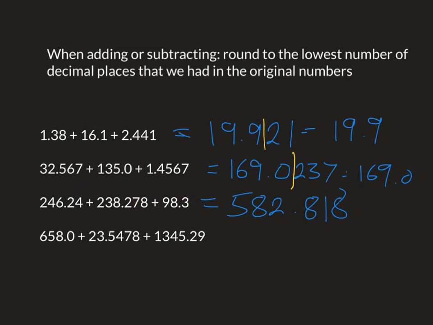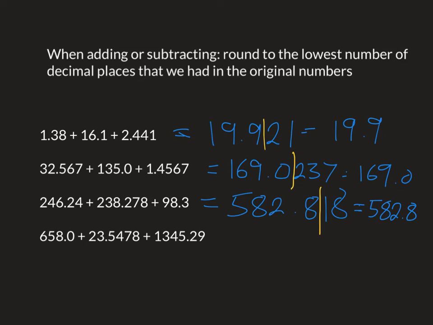So I'm going to round this to only have 1 decimal place as well, right there. The number next to my line is a 1, so that 8 is going to stay the same. So my final answer here is going to be 582.8, with the correct number of decimal places.